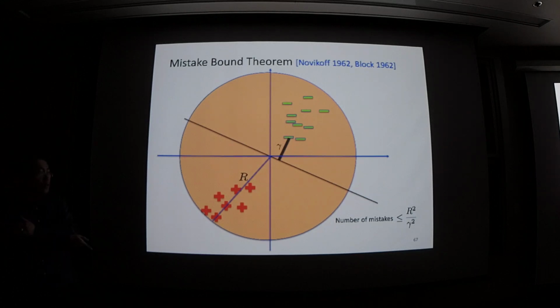Although this bound is kind of loose, why is it loose? Because you can find an arbitrary separating hyperplane and use that gamma to estimate the bound of the mistakes. So this is quite loose, but it is also indicative of how difficult it is to train a perceptron.